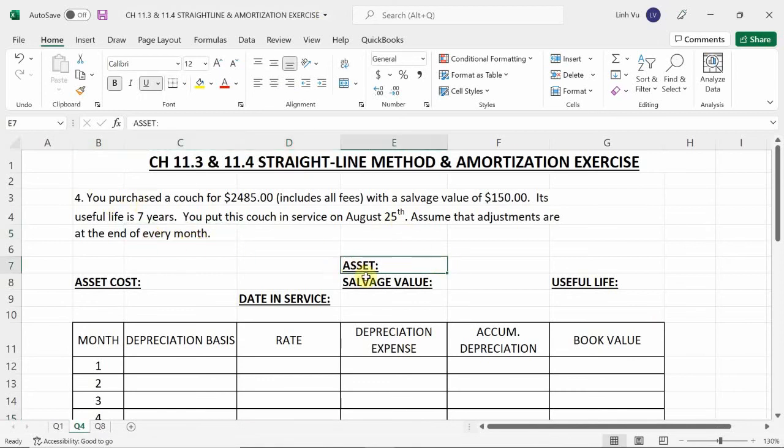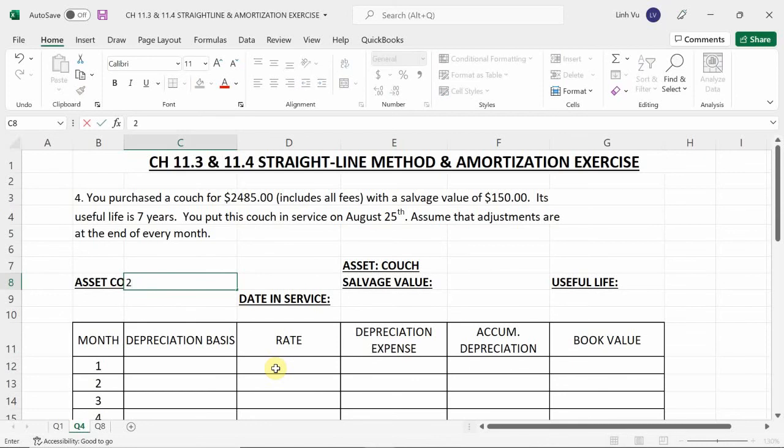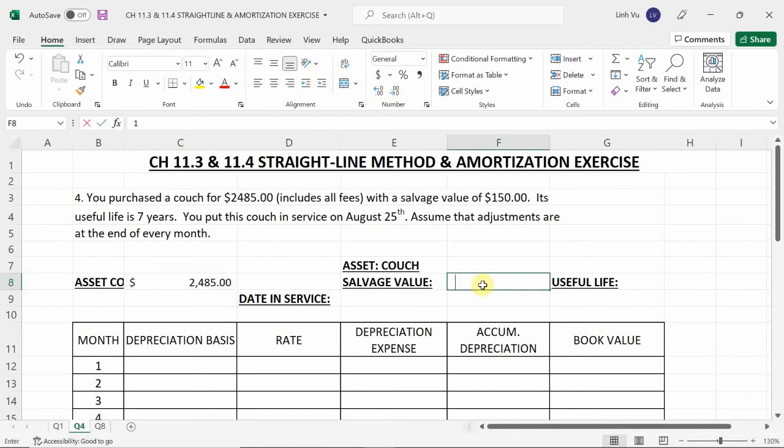So what did you buy? We bought a couch. How much was that couch? $2,485. What's my salvage value? 150.